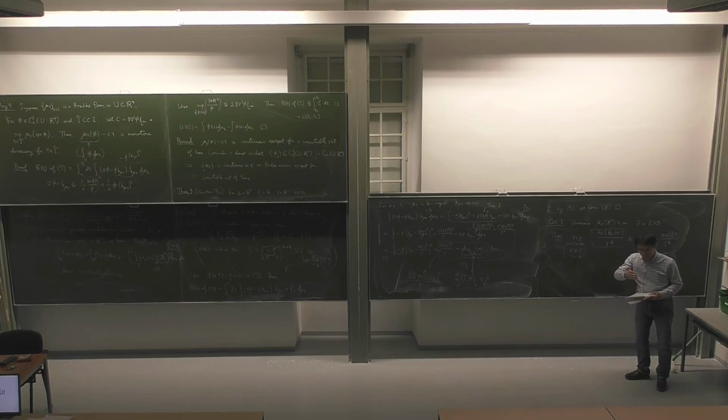So you're looking at slightly later time. You start with T equals 0, and you have to wait a little bit. But once you wait a little bit, then this quantity is uniformly bounded. And this is kind of interesting because the initial surface could be extremely complicated.